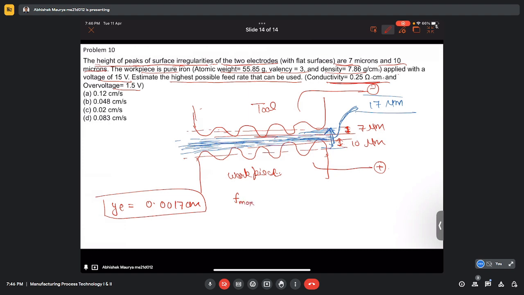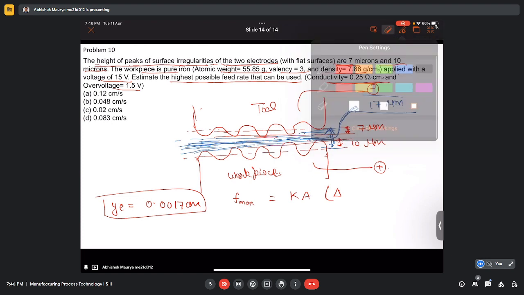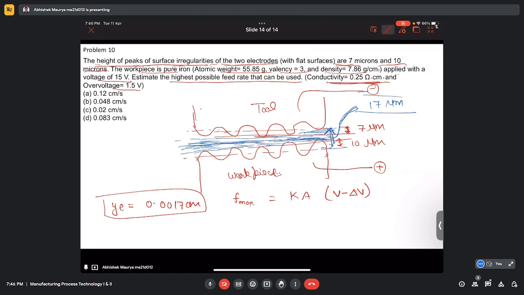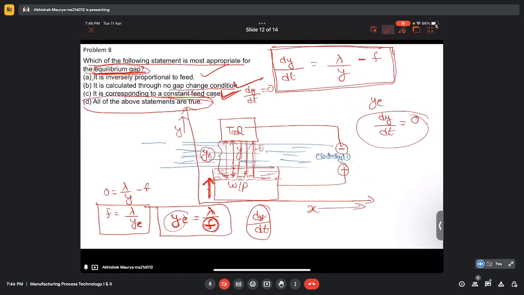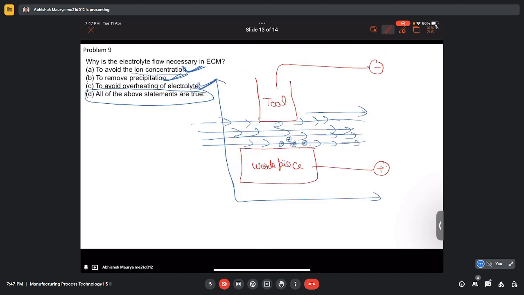The equation looks something like this: feed is equal to lambda by equilibrium gap.